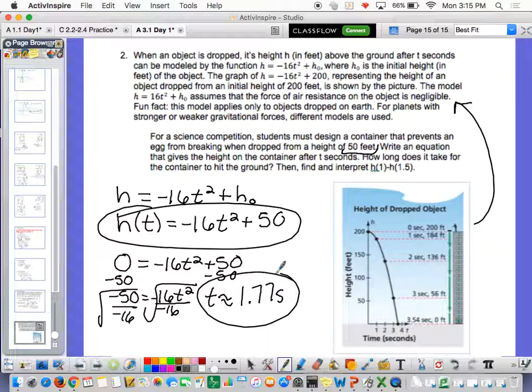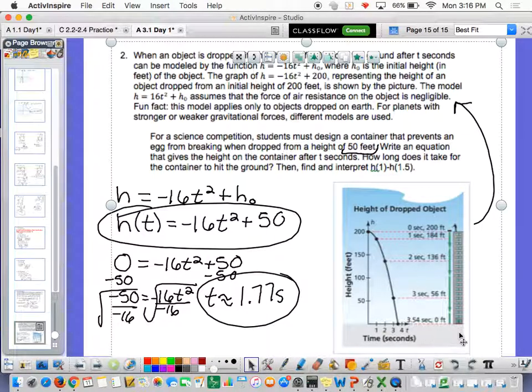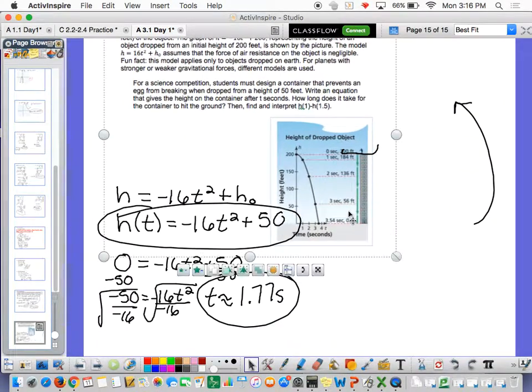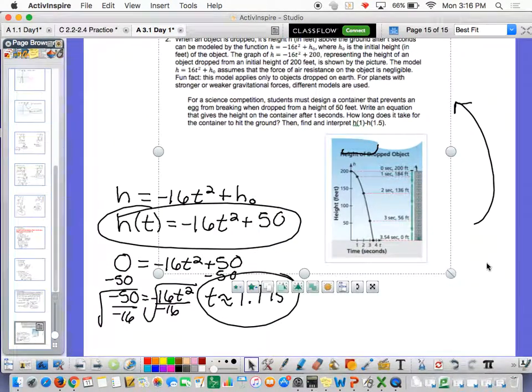The last part says interpret h of 1 minus h of 1.5. Okay, well, what if we figured out what those values were? So I'm going to go ahead and delete this picture just so I have some room to work. Oh, I can't, but I can make things smaller. Excellent. We're going to pretend that's over there somewhere.